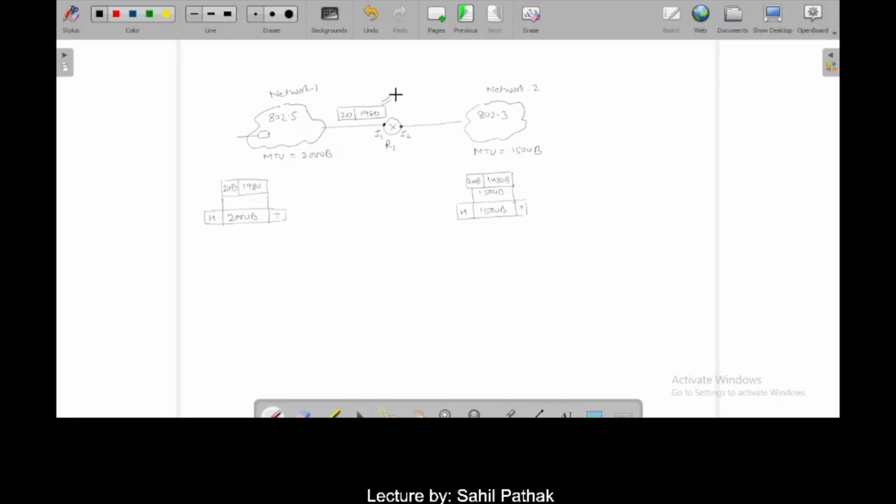OK, and now when this packet or this data frame is trying to be sent, when the router is trying to send this packet to the network 2, it will see that the maximum transmittable unit is 1500 bytes. So it has to divide this datagram in such a way that the size should not exceed the 1500 bytes.